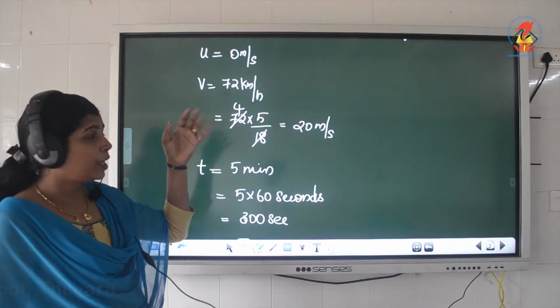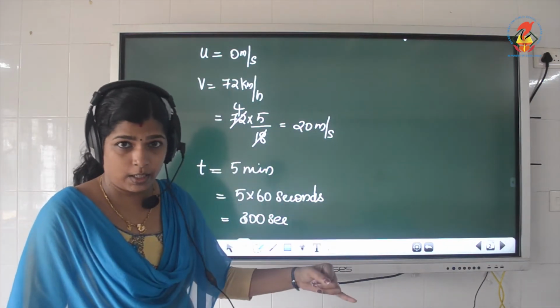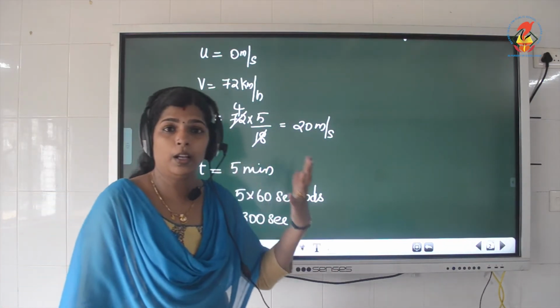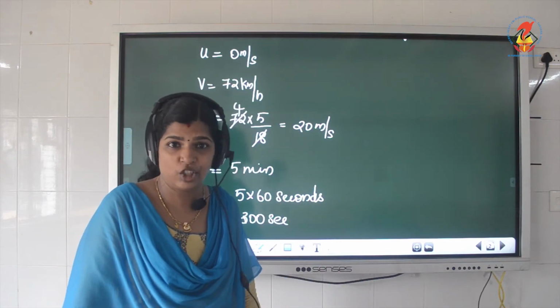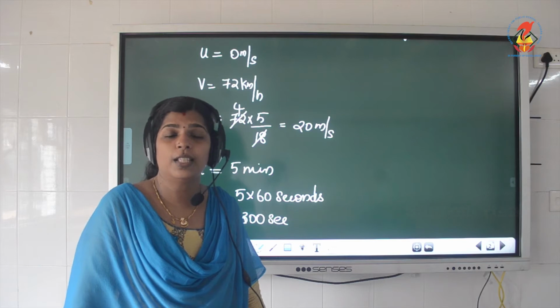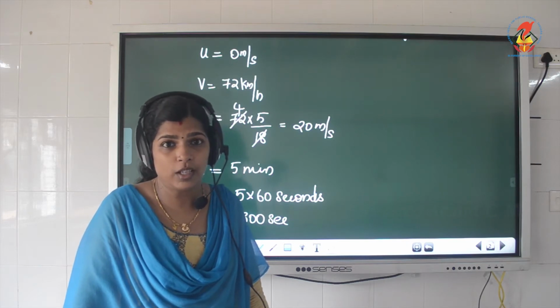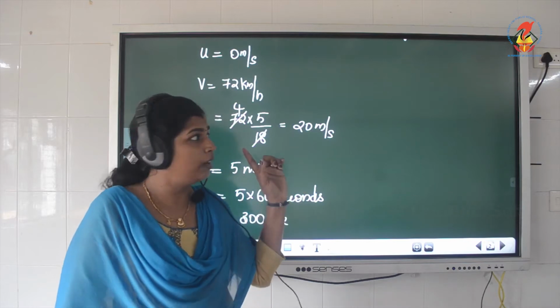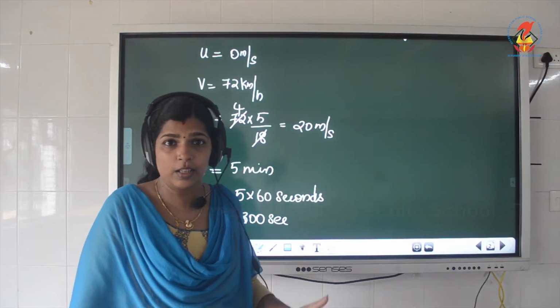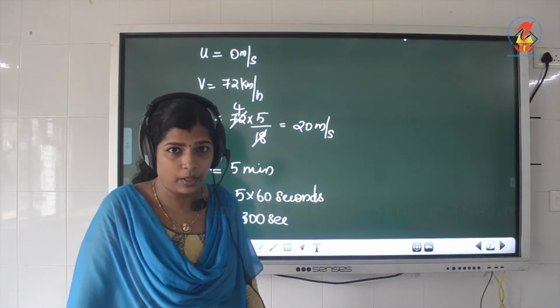So, if an object starts from rest, starting from a railway station, bus stop or bus station, in all these cases, initial velocity will be 0. The final velocity in this question is given as 72 km per hour.